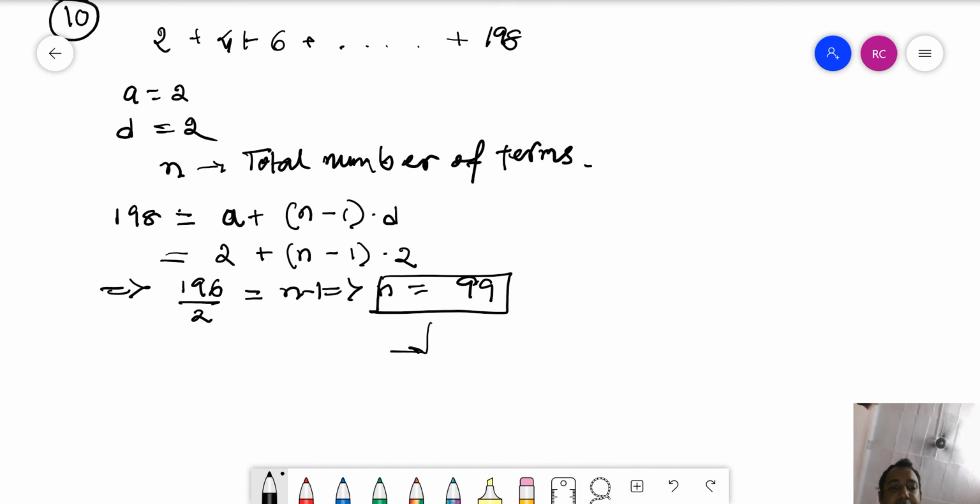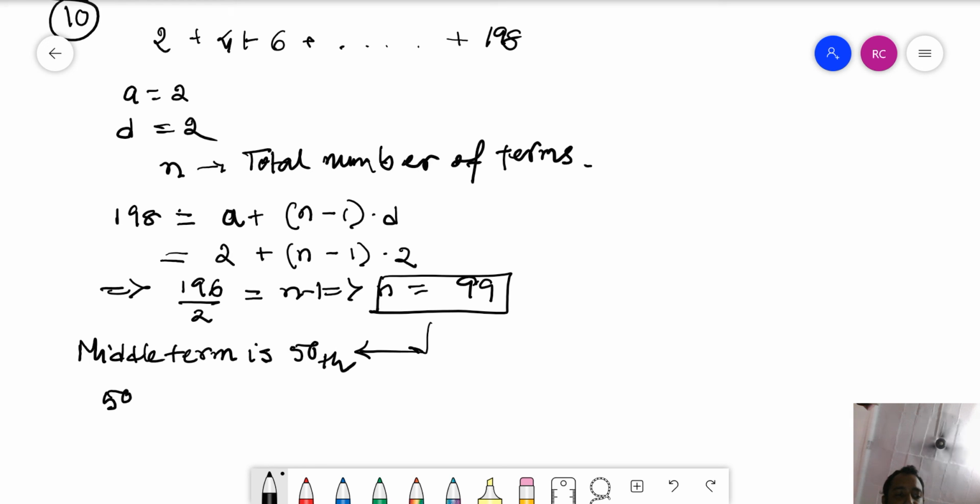This tells us that the middle term is the 50th. So the 50th term is the middle term. So we have to find the 50th term, as simple as that.